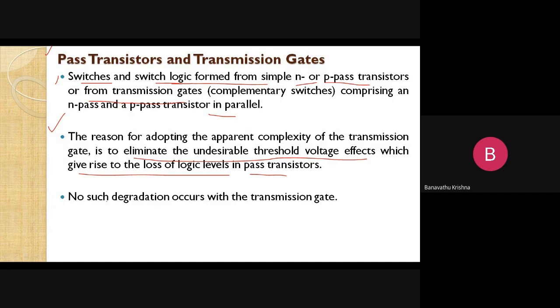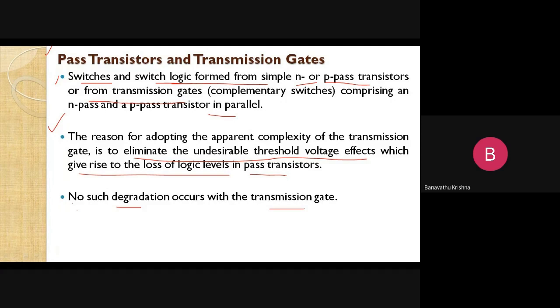So here, no such degradation occurs with the transmission gate, right? When we go with the transmission gate instead of the pass transistor, what was the problem? When we implement logic circuits with a pass transistor, what problems are we facing there?